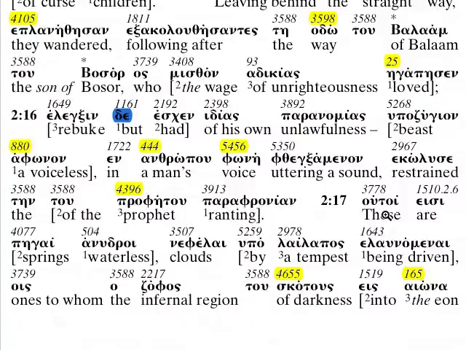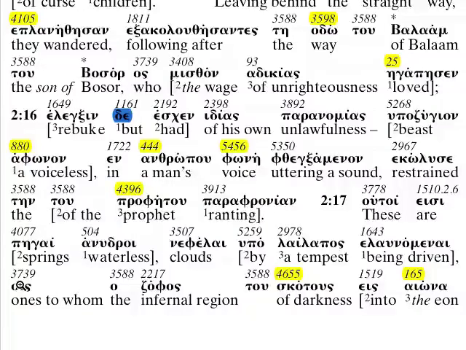So God used this beast to communicate with Balaam. Then he continues, Outoi isin pigai anydroi, nephelai hypo lailapos elaunomenai, ois ho zophos tou skotous. And it'll continue in the next column. These are waterless springs, clouds being driven by a tempest. They're worthless.